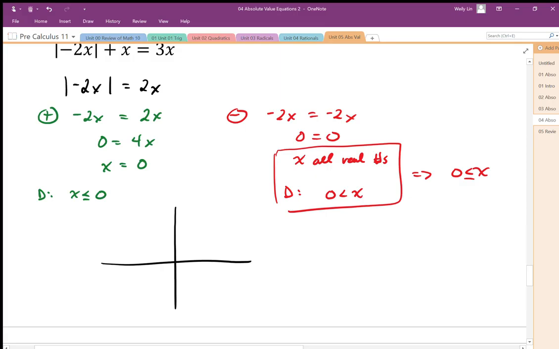The green part of this graph is going to be a graph that equals 4x, and it's going to hit 0. And when we have 0 equals 0, for all real numbers, we end up having a horizontal line along the x-axis, so that shows that any x will be equal to 0, and that's what the solution of the graph looks like.